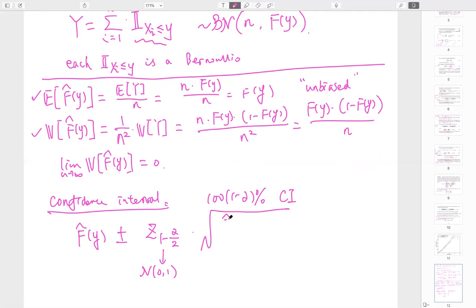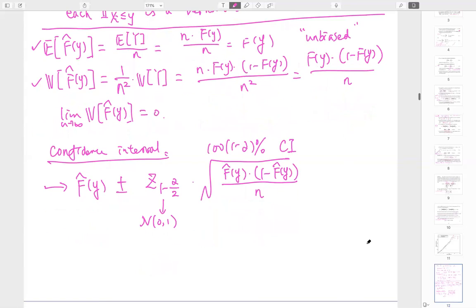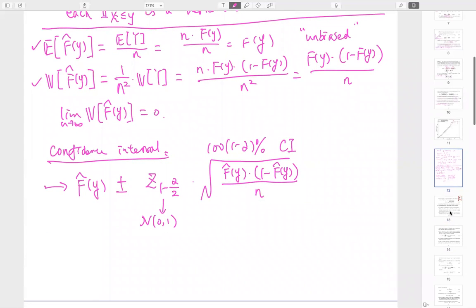Let's copy. This is the true variance, right? Because we don't know Fy, we always use our estimator to replace the true Fy. So this is a very important result. That's what's reported in the next page, down here.